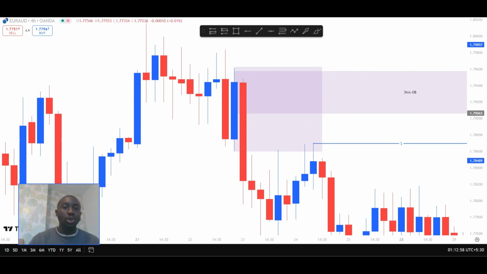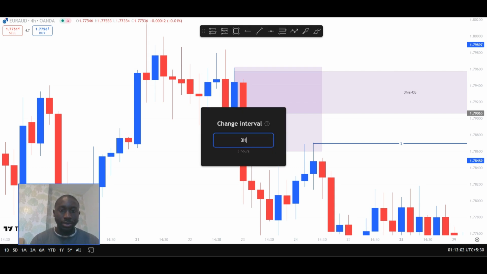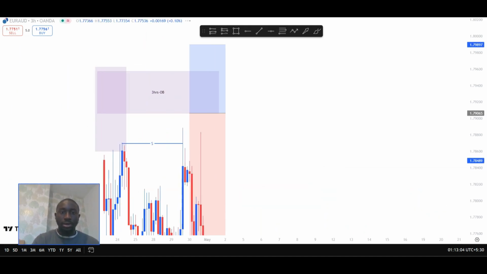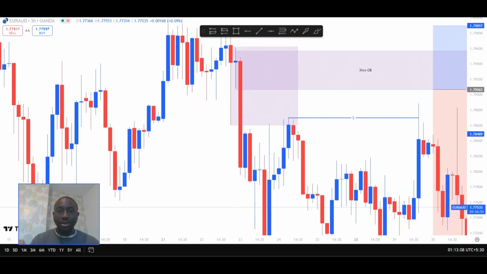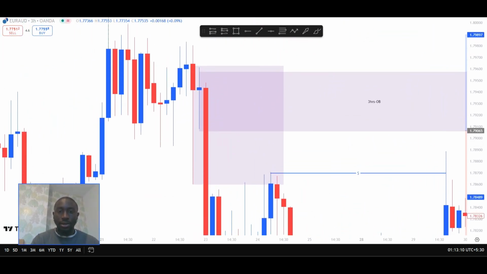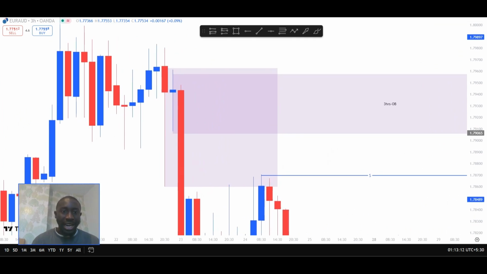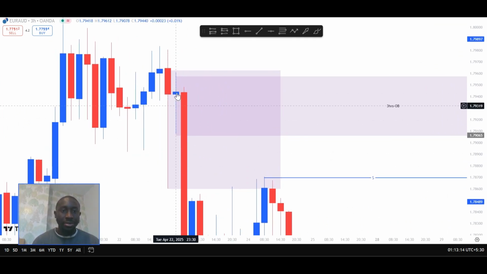That is it. Now, let's go to the 3 hours time frame. Let me show you something in the 3 hours time frame. Okay, this is the 3 hours time frame. As you can see, this is the last blue candle before this red candle. That is why you see that I marked it 3 hours.